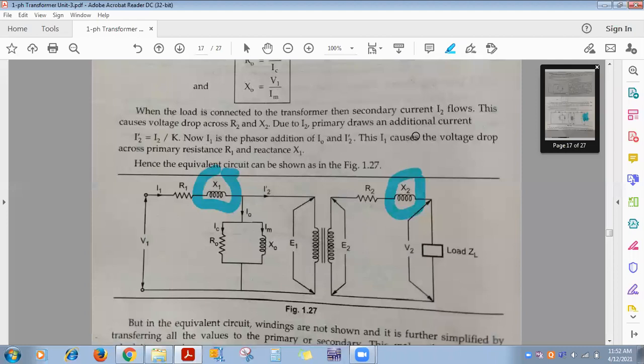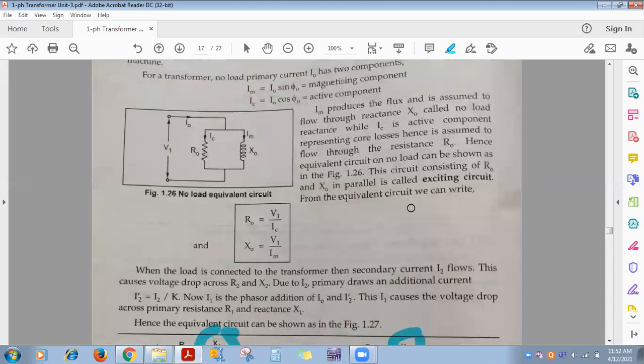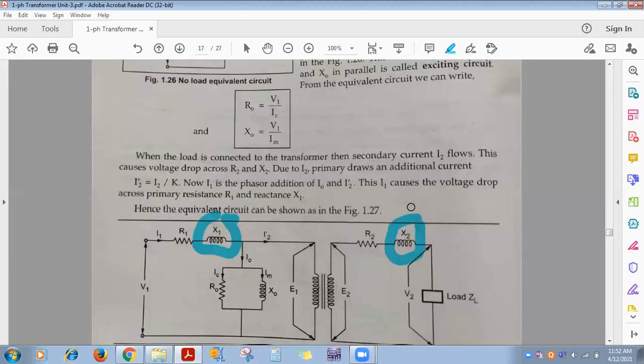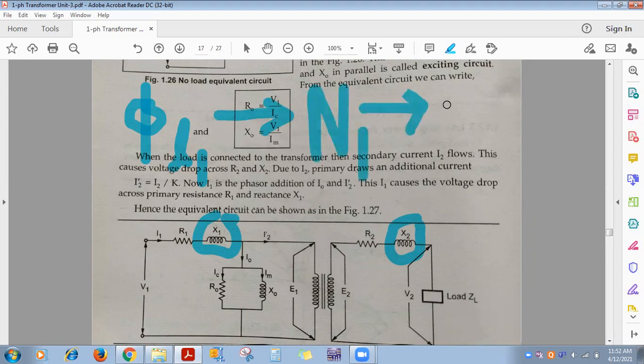So just now I told you about the leakage flux. The leakage flux flowing through the primary winding comes in contact with N1 number of turns. So as per Faraday's law of electromagnetic induction, the flux completing its path through air, which we call leakage flux of the primary winding, is coming in contact with N1 turns itself. Because of it, EMF will get induced in the primary winding because of leakage flux.